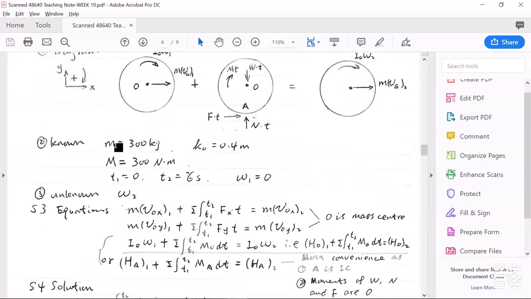We already know the mass of this wheel, the radius of gyration about point O, the couple moment, and the time period from t1 to t2. We define t1 as 0, so t2 will be 6 seconds. Initially, this wheel is at rest, so omega 1 should be 0. Our target is omega 2.